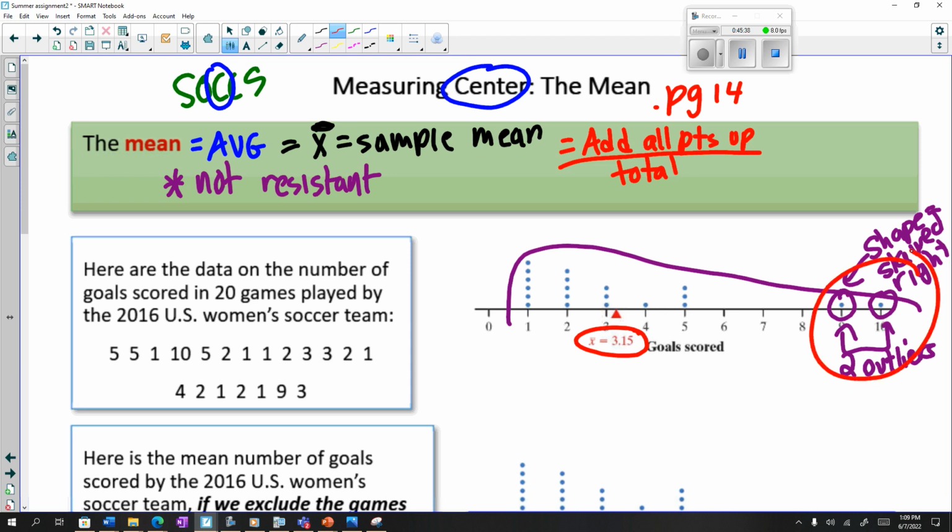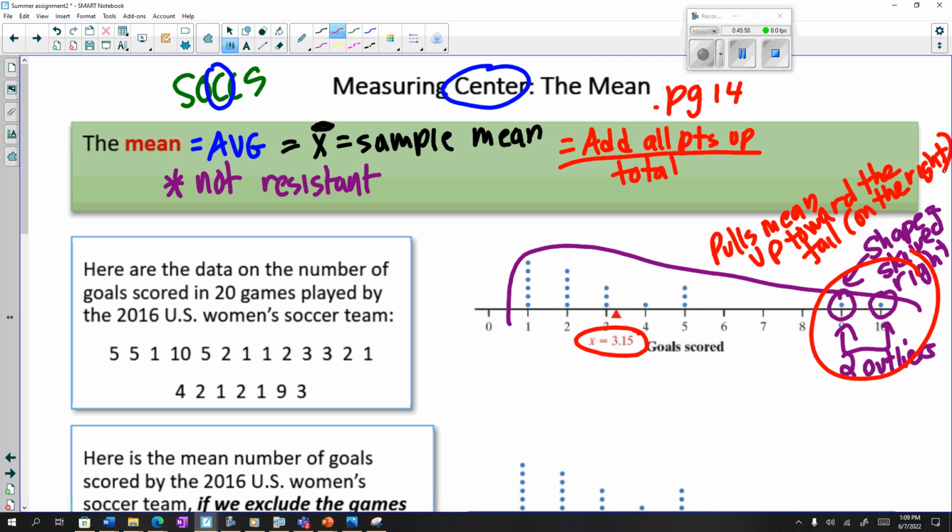Those outliers, 9 and 10, are going to pull the mean up toward them, toward the tail. And the tail is on the right. So that's why we say it's skewed to the right, because it pulls the mean up to the right.